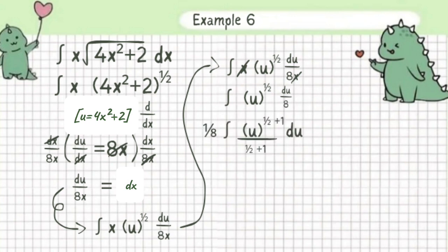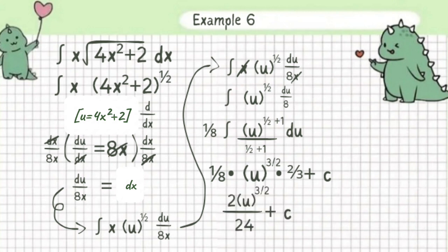We will just simply factor it out. Now, we use the power rule by simply adding 1 to our exponent and copying the result as our denominator. Next, we multiply and add plus c. So 1/8 times u raised to 3/2 times 2/3 plus c would be equal to 2 times u raised to 3/2 over 24 plus c.